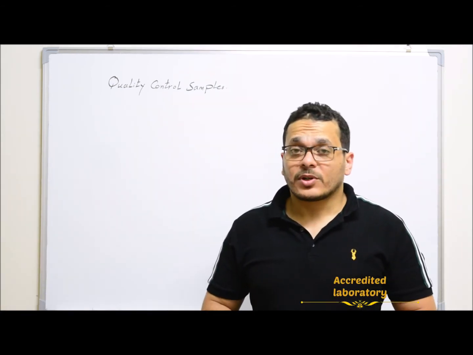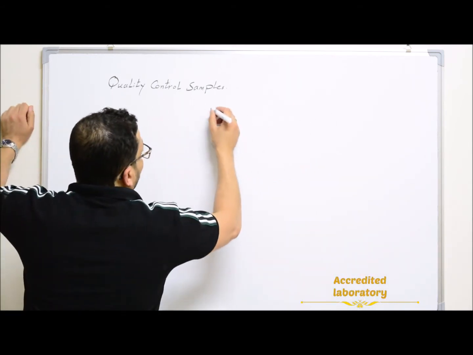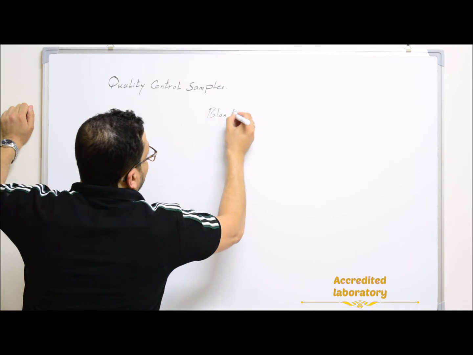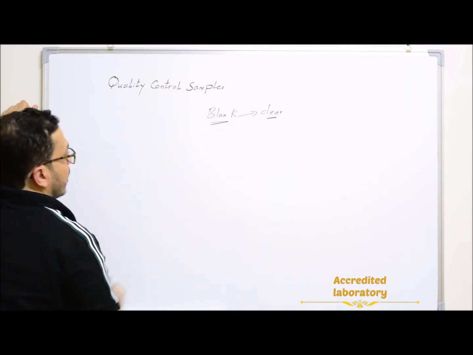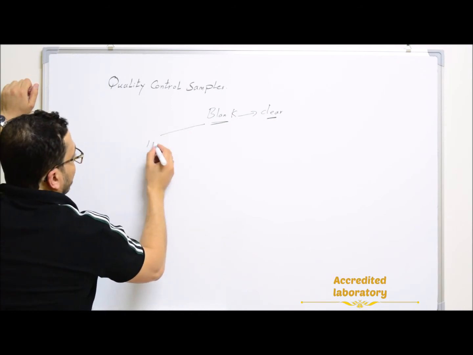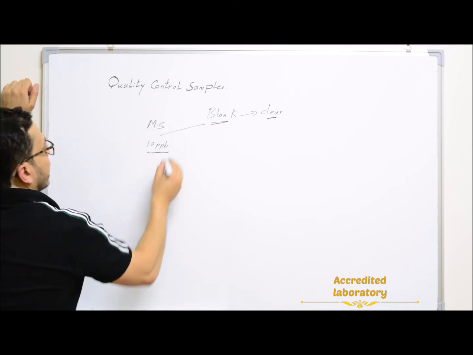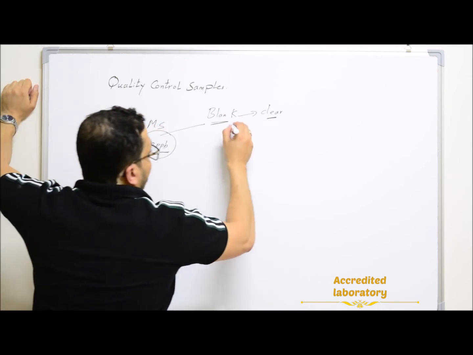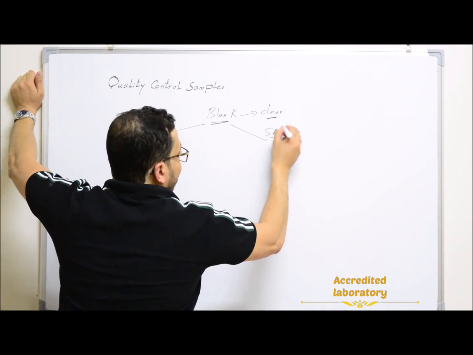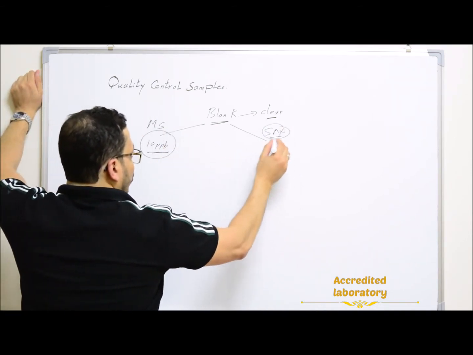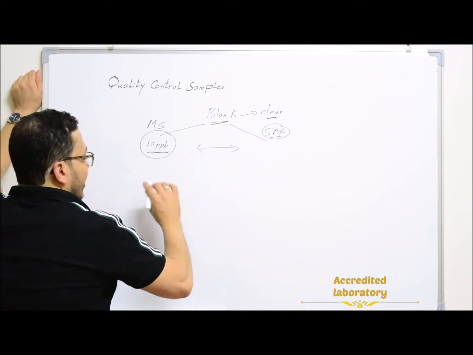Another example to make this very clear: you have a blank sample, which we said should be clear from your target analyte, and you will spike it with 10 ppb. This is your matrix spike. For your standard matrix sample or matrix effect sample, you should get the same concentration on the instrument as your matrix spike, to be easy to calculate.